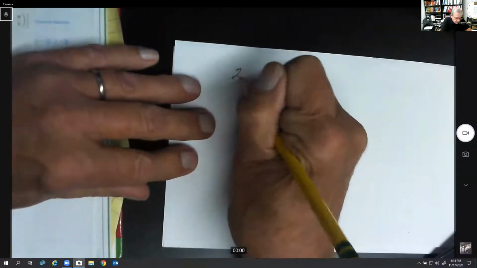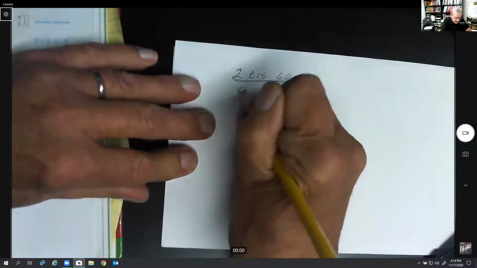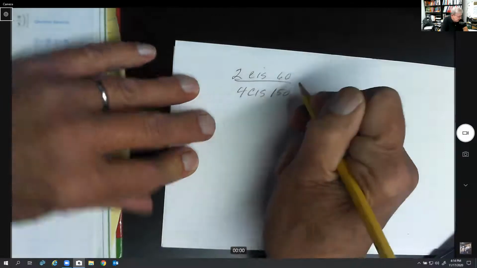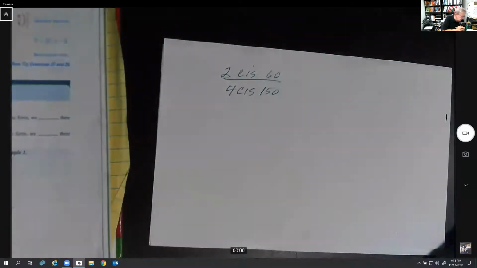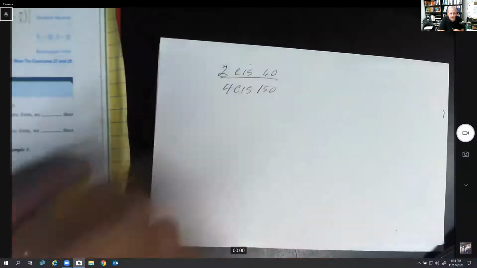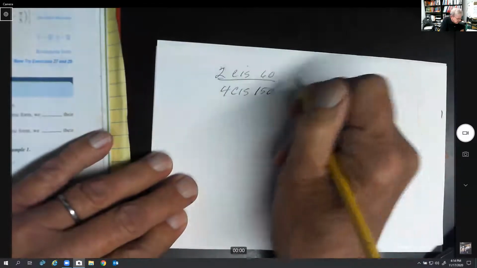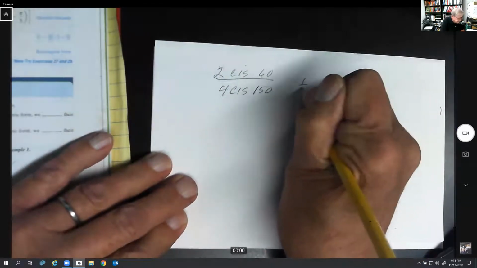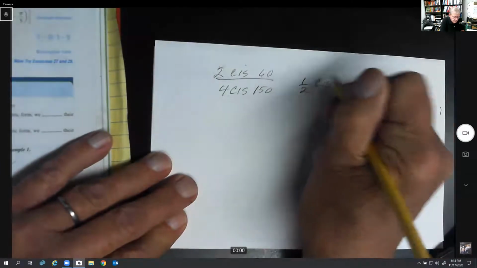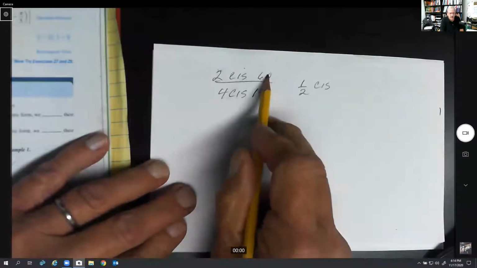We had 2 cis 60 divided by 4 cis 150. And the book says, in order to do this, we're going to divide these two numbers, instead of multiplying them like we did before. So that would be 1/2, and this would be cis. And instead of adding these two angles, subtract them.